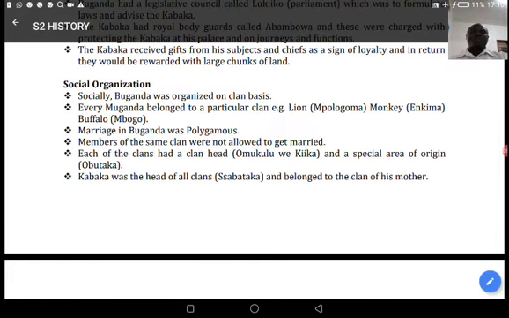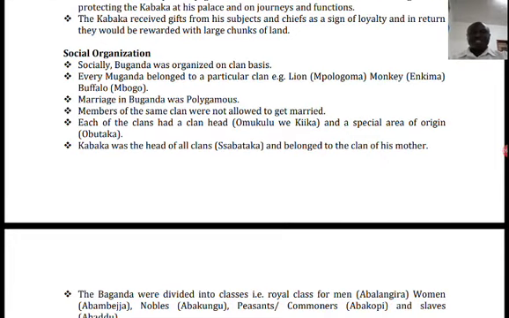It was not proper for people of the Enchima clan, if you were a Kafero, to marry a Nakafero because you belong to the same clan. That was equivalent to committing incest.